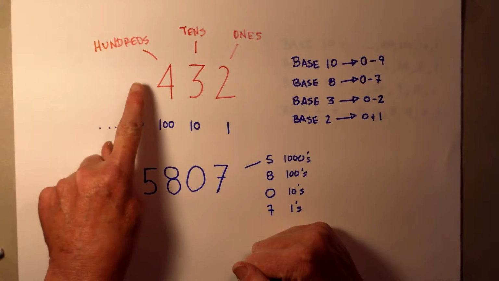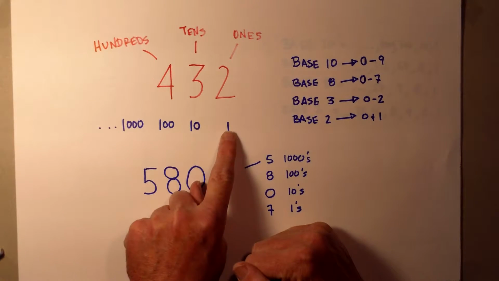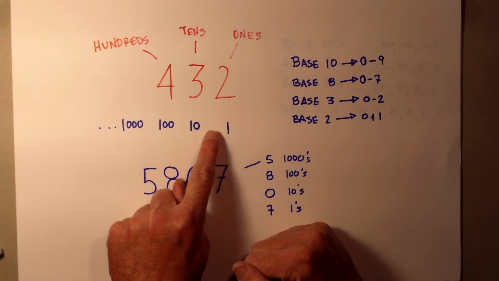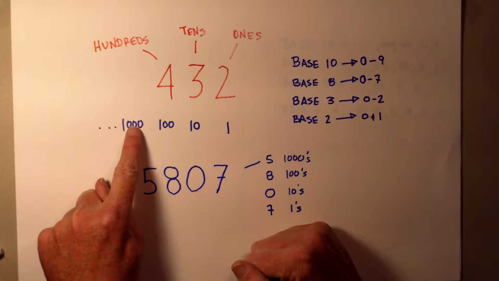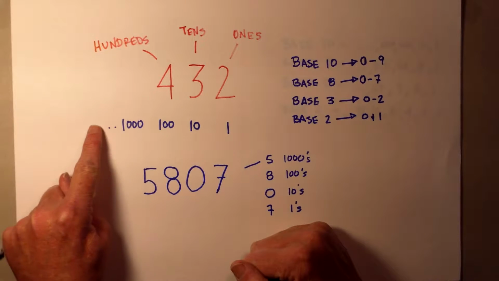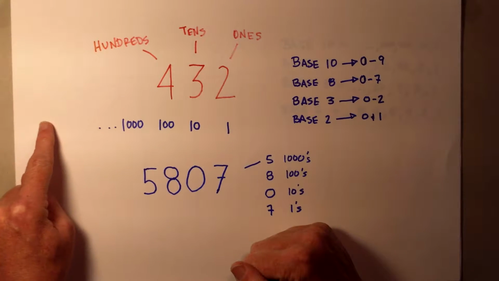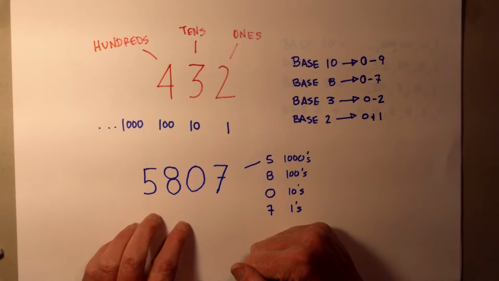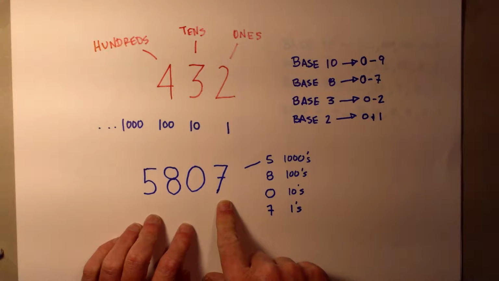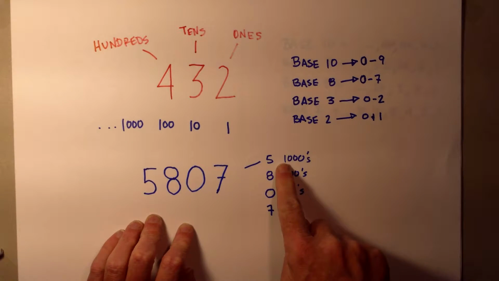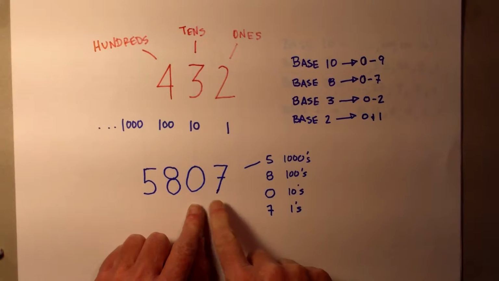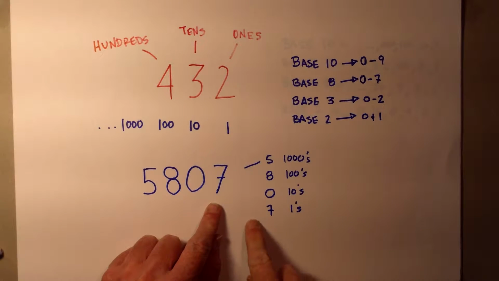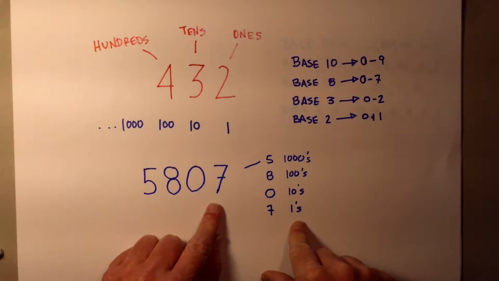If I kept going, the next number would be in the 1,000 spot, so that's 1. 10 times 1, 10 times 10 is 100, 10 times 100 is 1,000, 10 times 1,000 would be 10,000. I just keep on going in that way. Okay. And for instance, here we have a number 5,807. That means I have 5 thousands, I have 8 hundreds, I have 0 tens, and I have 7 ones.